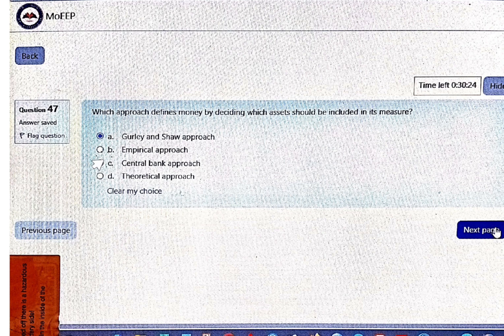But this is a policy or statistical classification, not a theoretical approach. And D, the theoretical approach. This is also wrong because it defines money based on its function, like medium of exchange, store of value and so on, not on selecting assets for measurement. So the final answer is A. Gini and Shaw approach.